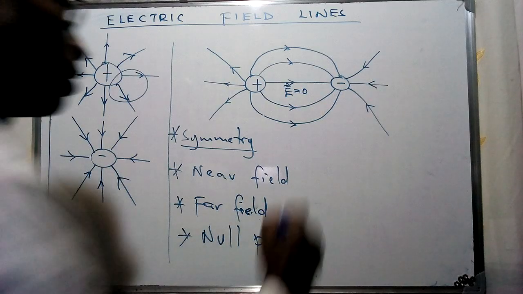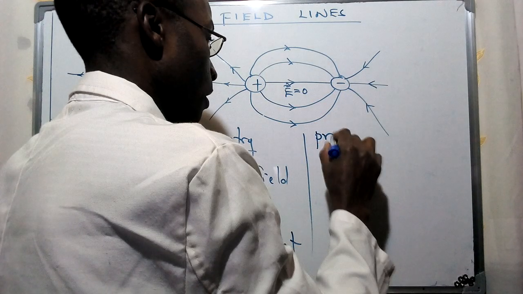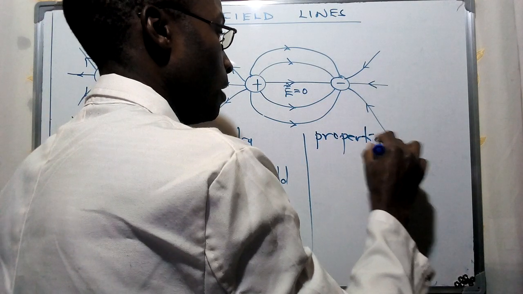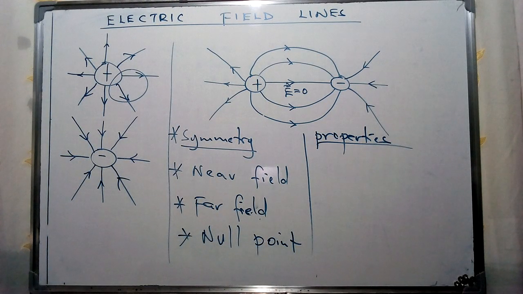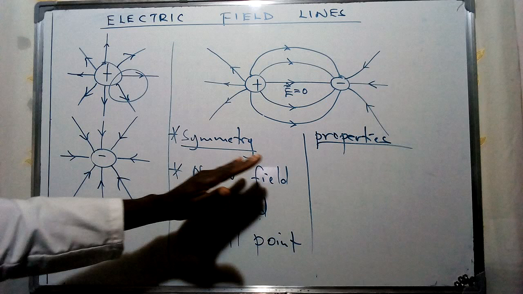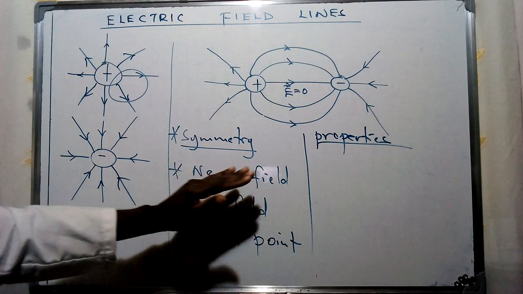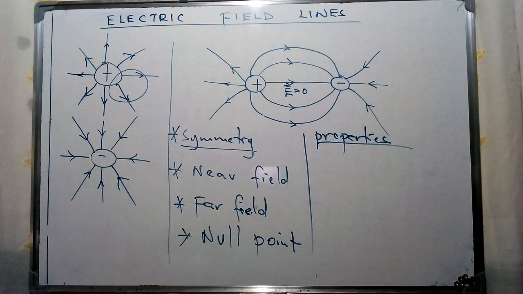Now, that gives us, in essence, some of the properties which have basically been listed, whereby we are going to see that the direction of the electric field vector at these specific field lines is going to be tangent to the field lines. Perhaps I can give that using an illustration later.